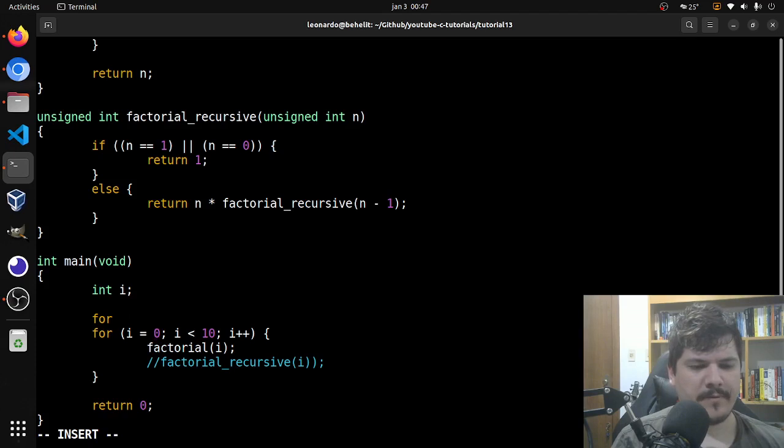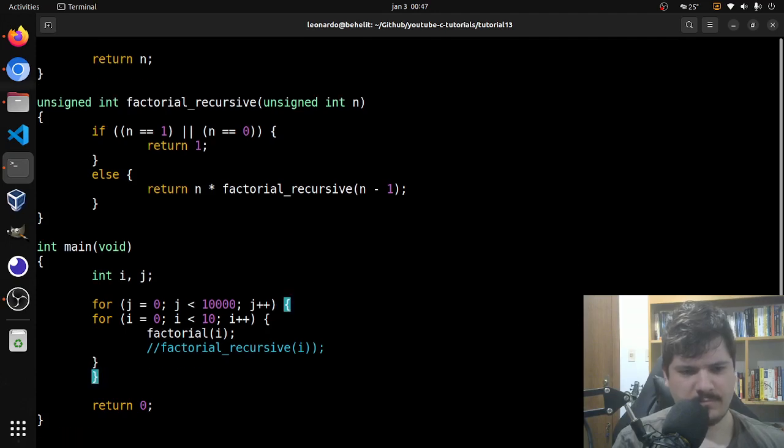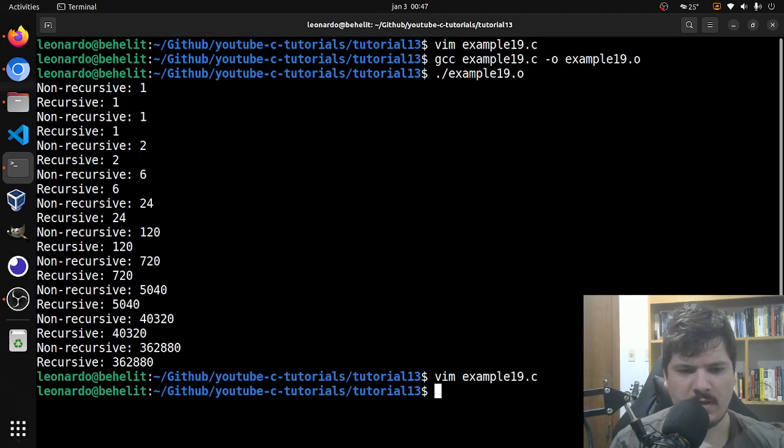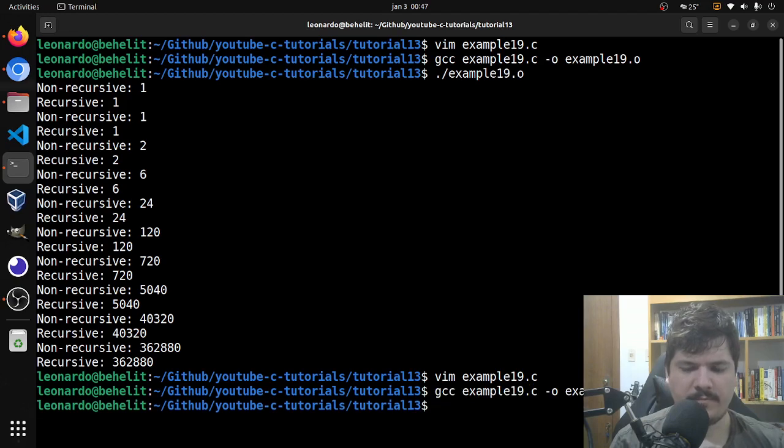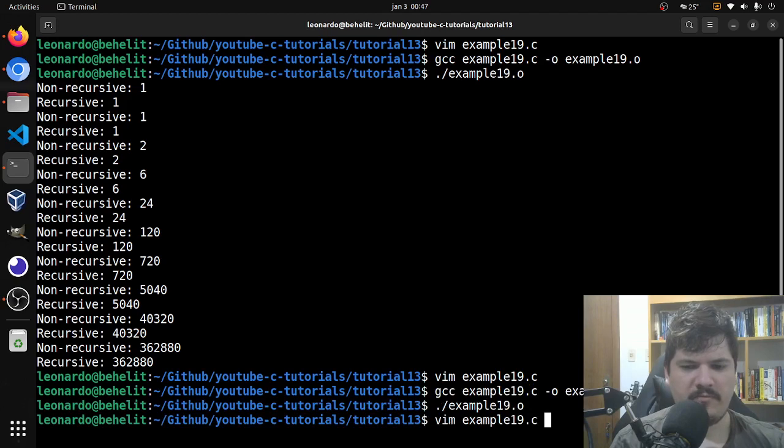So we'll need another variable here. So j equals 0, j less than 10,000, I think it's good. And then we call it. So let's compile and run. Yeah, it was pretty fast.